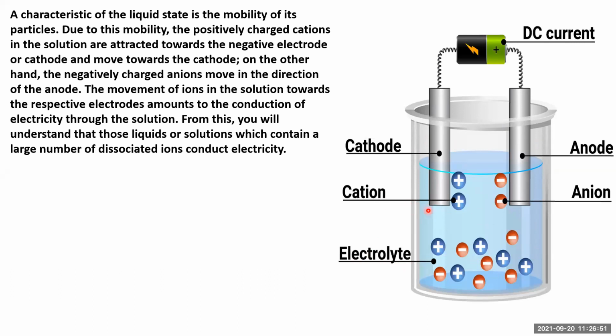The positive ions formed in the electrolytic solution are known as cations. What is a cathode? The cathode is a negatively charged electrode. What is an anode? The anode is a positively charged electrode in the electrolytic cell. What is an anion? An anion is the negative ion formed after the dissociation of compounds in the electrolytic cell.